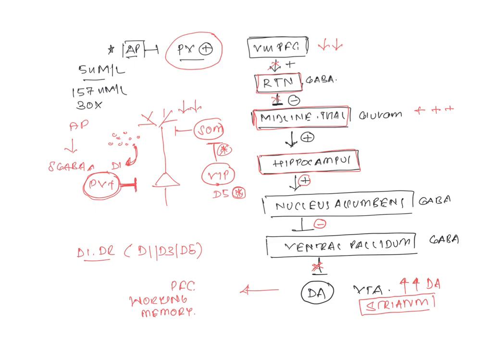But what happens is that when your allopregnanolone level is 30 times the pre-pregnancy level, it acts on the delta subunit of GABA A receptors. So the dopamine that is released is not able to activate the PV positive GABA interneurons.